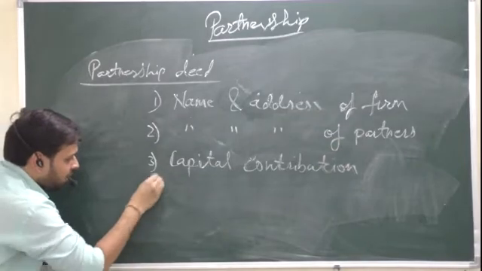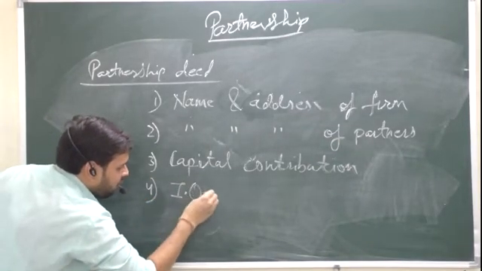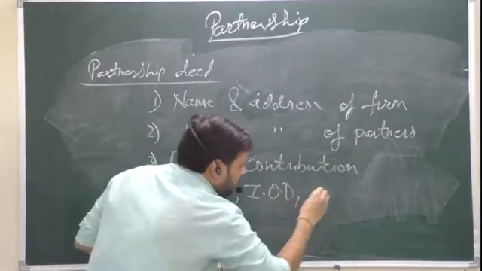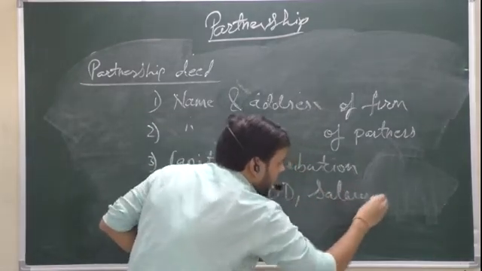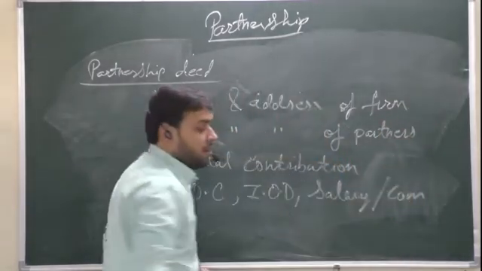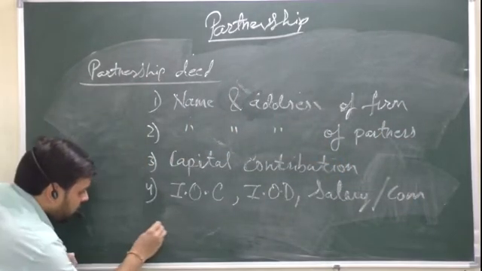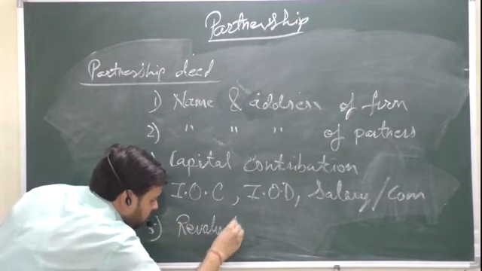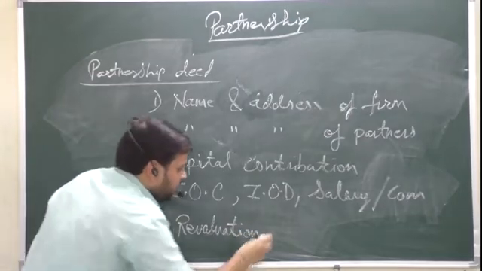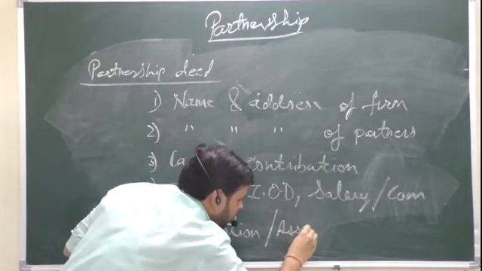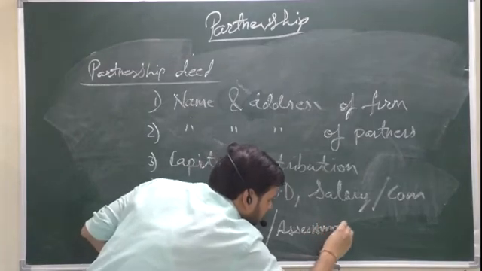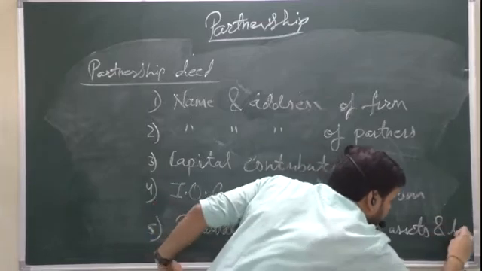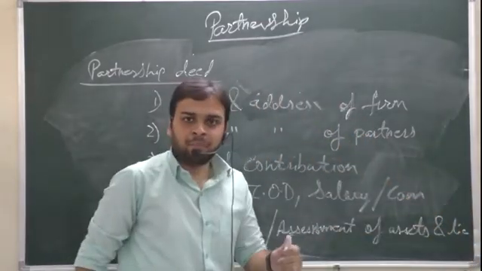Fourth point, regarding interest on capital, interest on drawing, salary and commission. And fifth point, revaluation or reassessment of assets and liability of the business.